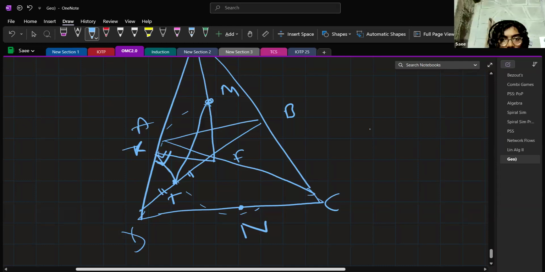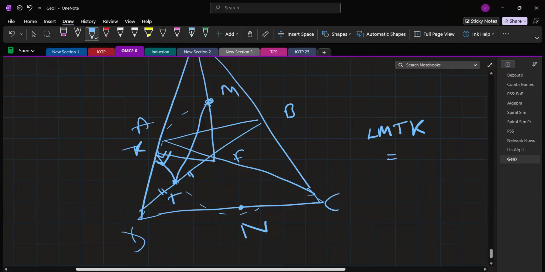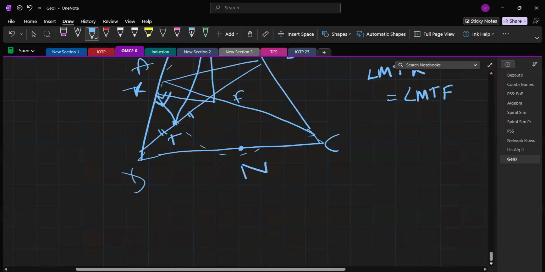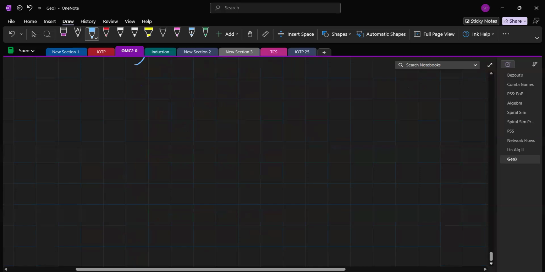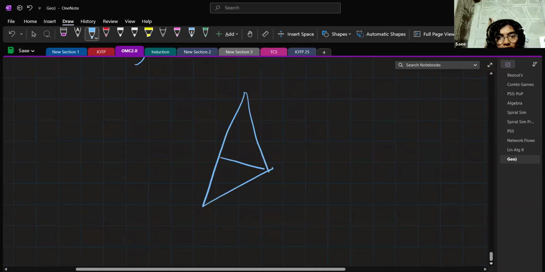In fact, angle MTK is going to be equal to angle MTF, right? I did not get that. So what we have is something that looks like this. This is 90, and this is the midline.